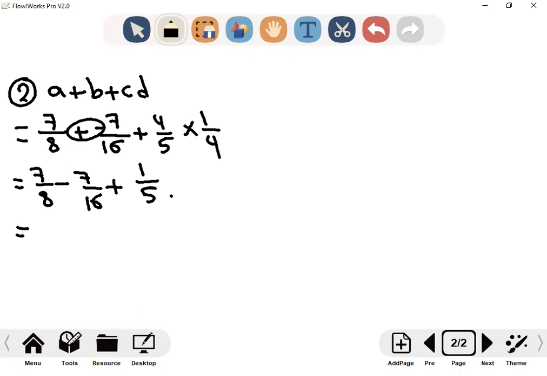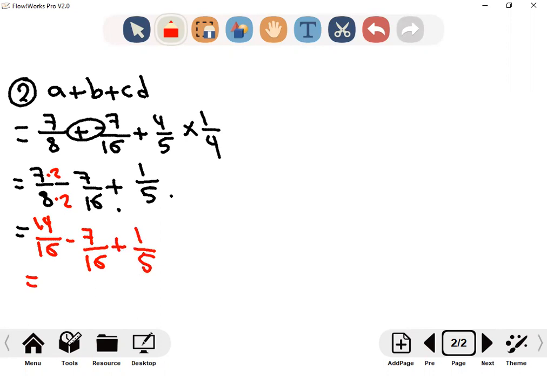Now I did the multiplication. I have subtraction, then addition. I will do the subtraction first. In the subtraction, I have 8 and 16. I can multiply here by 2, here by 2 to make the 8 as 14 over 16, minus 7 over 16, plus 1 over 5.